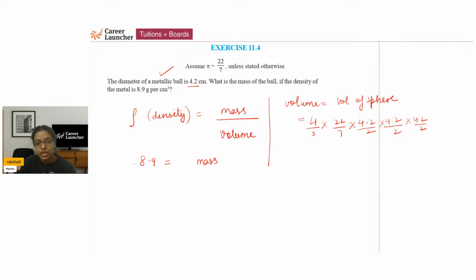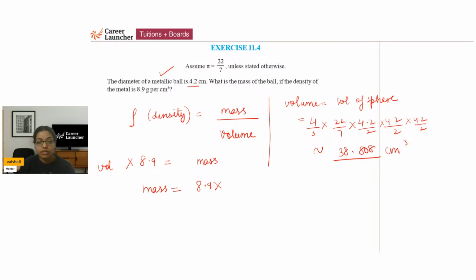अब volume को अगर मैं सीधा multiply ही कर देती हूँ यहाँ पे, then I'll get my mass. So mass is equal to 8.9 into, if you will calculate this ना, volume आपका approximate आएगा 38.808. ठीक है? So this volume is going to be in centimeter cube.